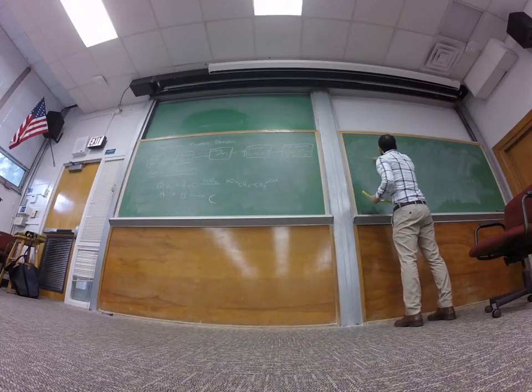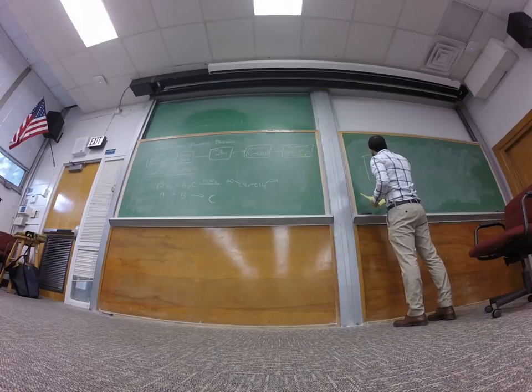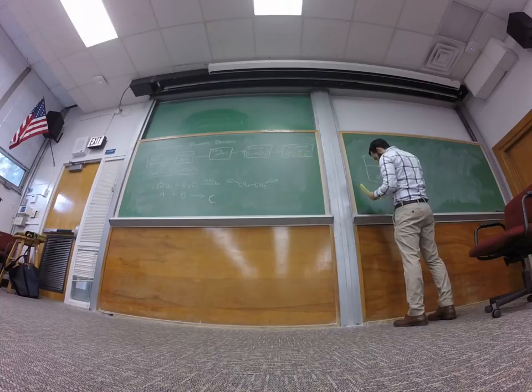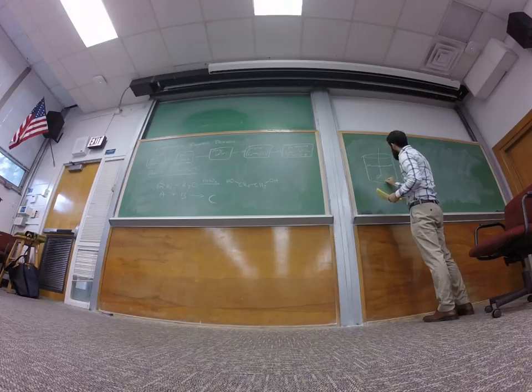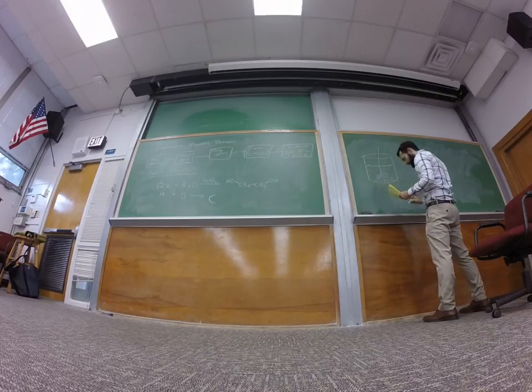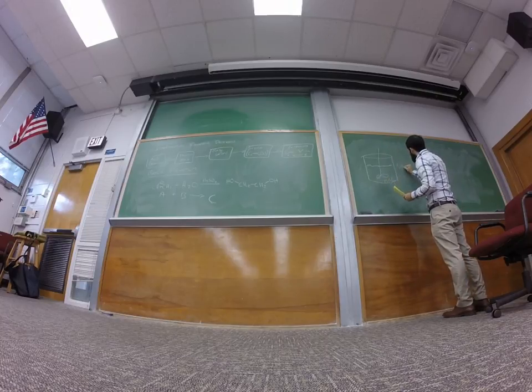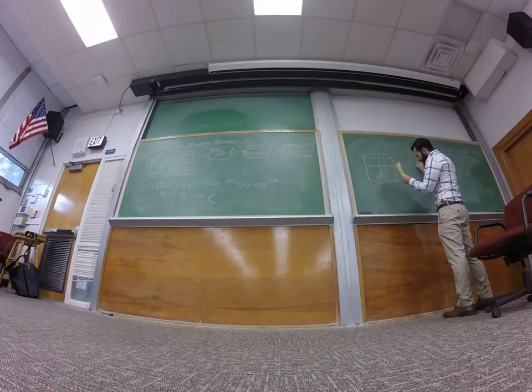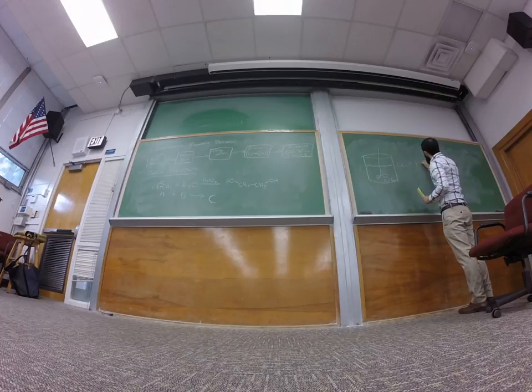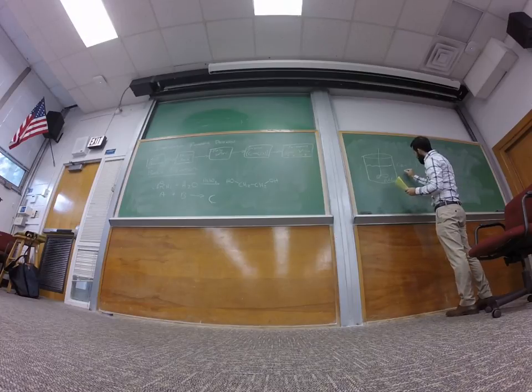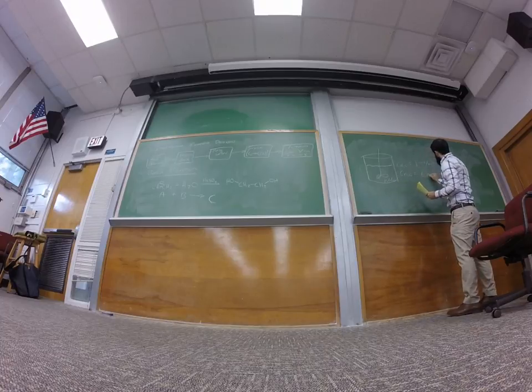Okay, so we have our batch reactor. Inside we have A, B, and C. The initial concentration of A is 1 kilomole per meter cubed. Initial concentration of B, large.